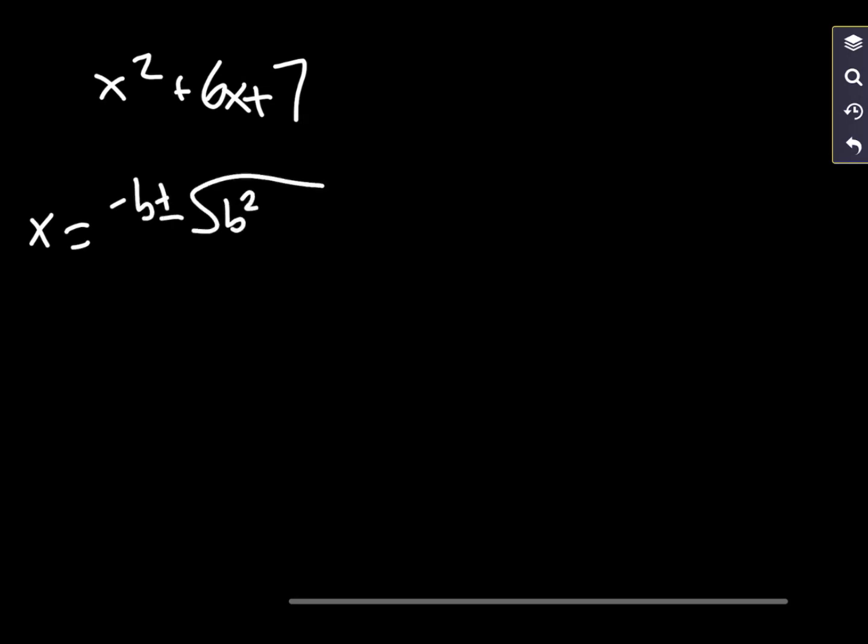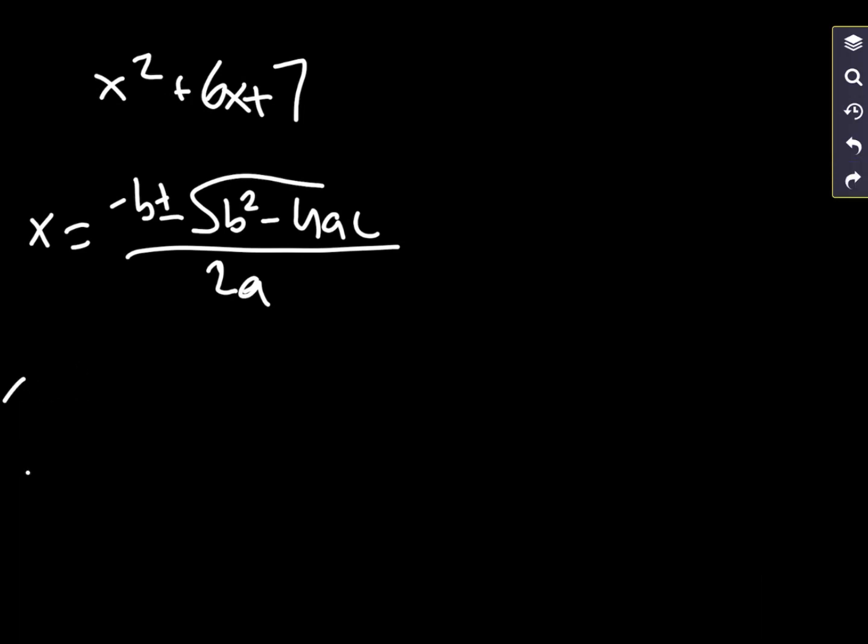Say that we have x squared plus 6x plus 7. x equals negative b plus or minus the square root of b squared minus 4ac all over 2a. Our a value is 1.